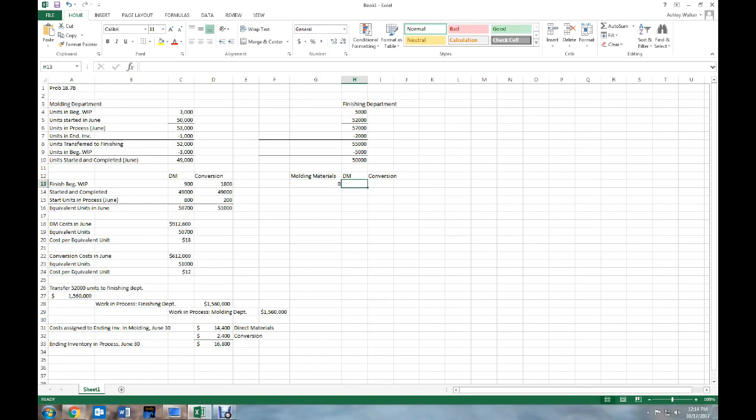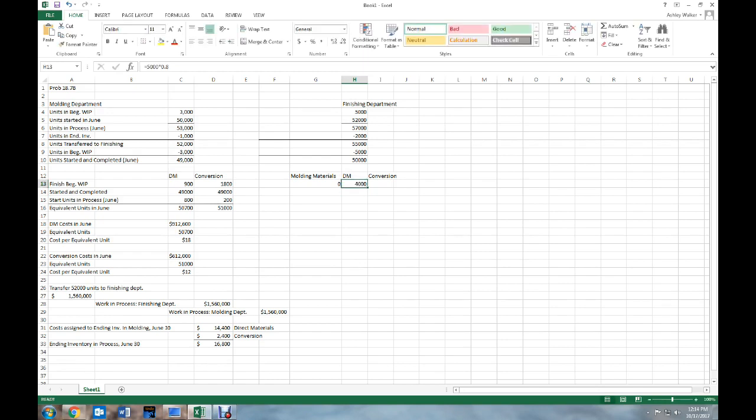So now we can look at our direct materials needs. So 5,000 units. And if we go look at our fact pattern, inventories with respect to direct materials on June 1st in the finishing department are 20% complete with respect to direct materials. So if they're 20% complete, we have to finish them. That means we need 80%.